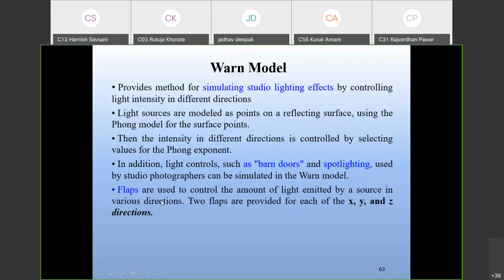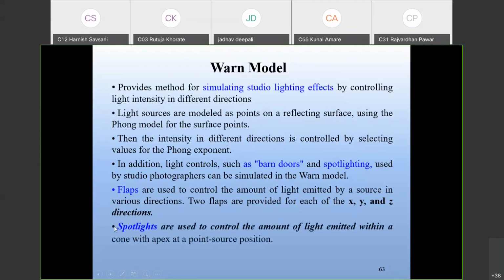Two flaps are provided for each of the x, y, z directions. Spotlights are also provided in the studio. Spotlights control the amount of light emitted within a cone with its apex at the point source. So you can see spotlights have a cone-like structure to control the amount of light.